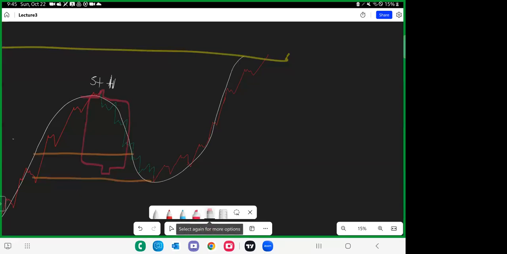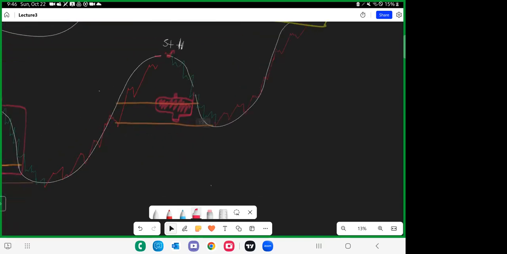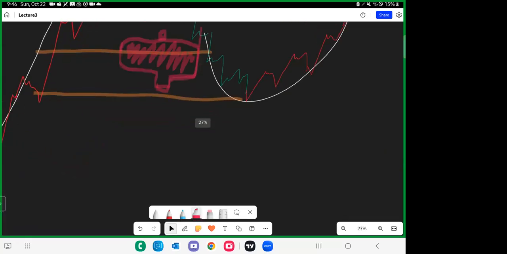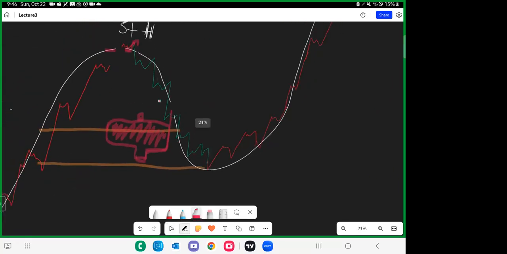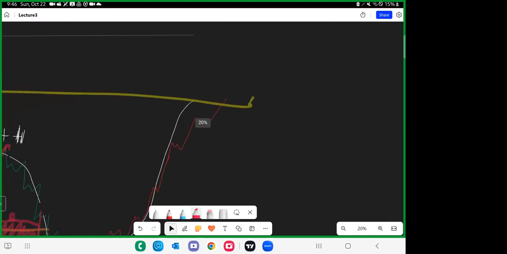Now, actually, let me draw this to perfection so I don't confuse you guys. So let's imagine that this down close candle is at the bottom of this range. So this is that down close candle. From the intermediate standpoint, price has been respecting these down close candles. I see all the lower time frame buy and sell programs, and here we took advantage of it. We understood where we were at every single point within the market. However, we've just made it to that much higher time frame array.